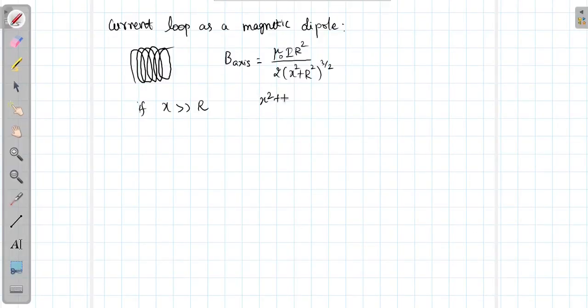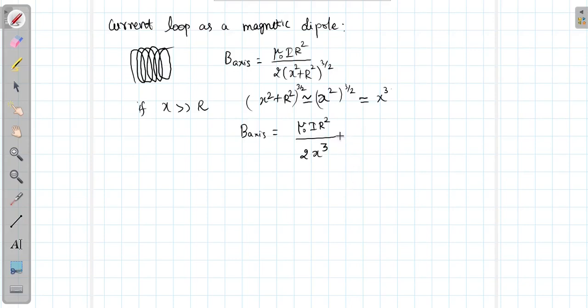So x square plus r square becomes x square. Therefore, when you raise the power 3 by 2, it equals x to the power 3. Therefore, B axis becomes mu naught I r square divided by 2x power 3.